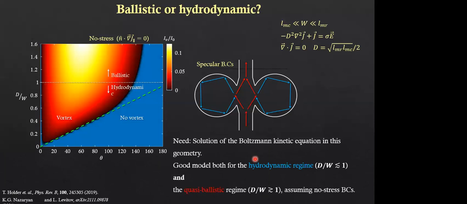We determine that there are two limits depending on the ratio of the Gurzhi length d and the width of the channel w. If d over w is greater than 1, then we have a ballistic behavior with specular boundary condition. On the other hand, if d over w is less than 1, then we have a hydrodynamic regime with a no stress boundary condition.